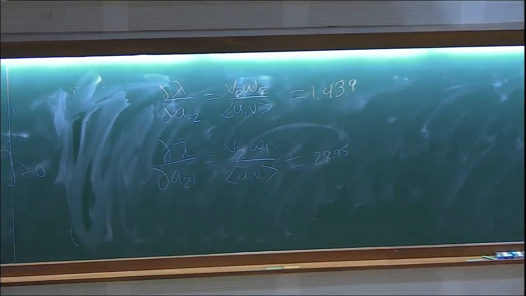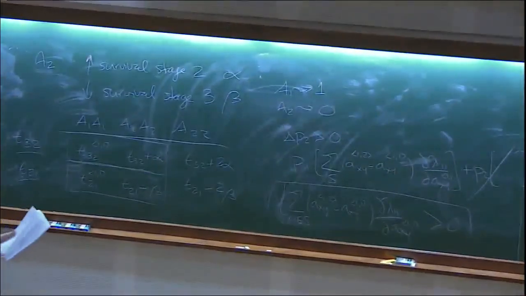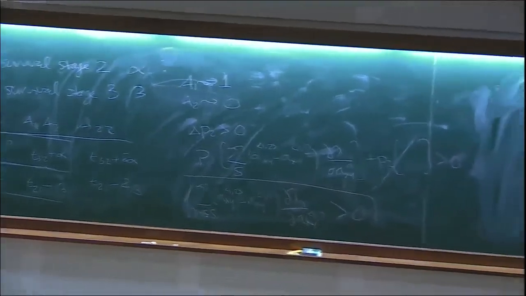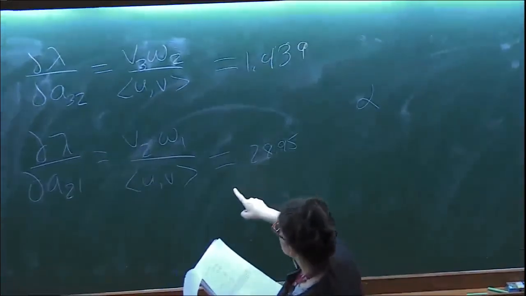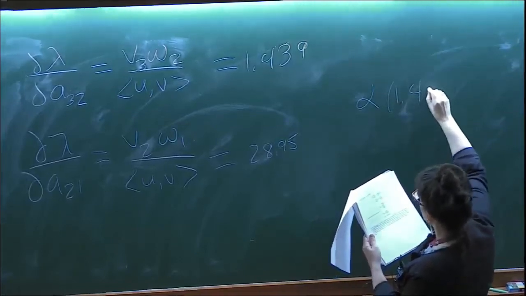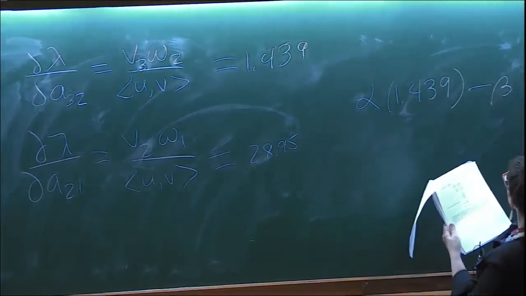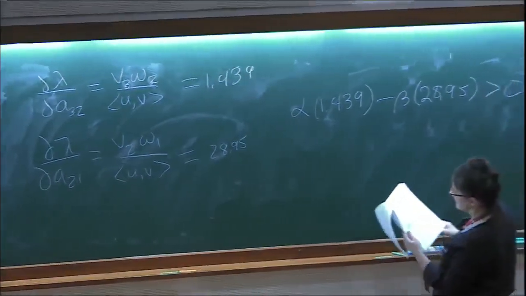I have the difference between this and this, and this and this, right? So it's obviously plus alpha and minus beta. So the condition I need is alpha times this, minus beta times the other number, 28.95, to be greater than 0.